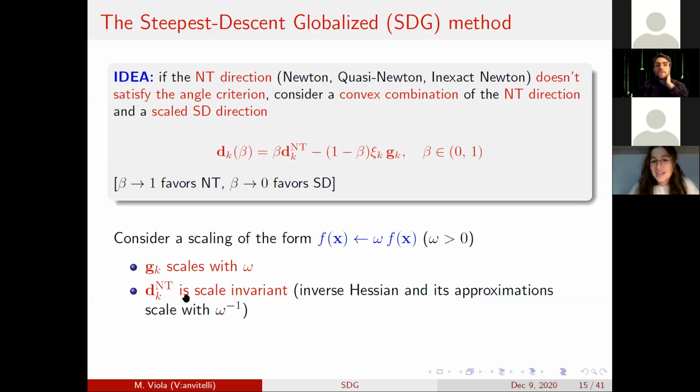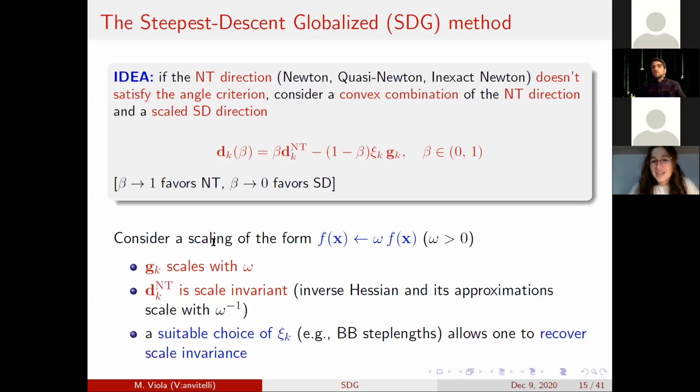So the Newton direction is invariant, but the gradient direction may start to shrink or expand. If you have a suitable choice of ck, for example the Barzilai-Borwein step length, which scales with 1 over omega, then you will recover scale invariance of the direction. This is a nice feature of this methodology.